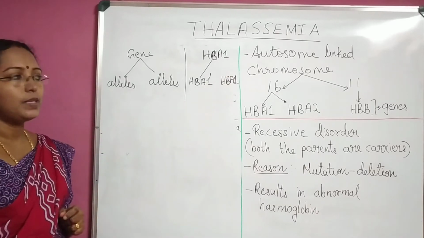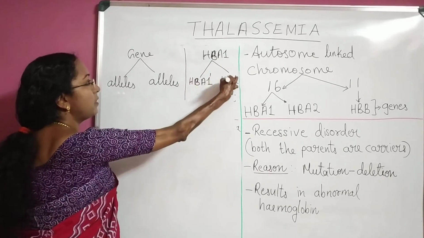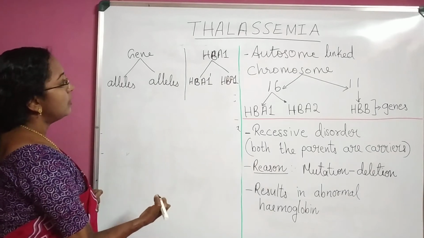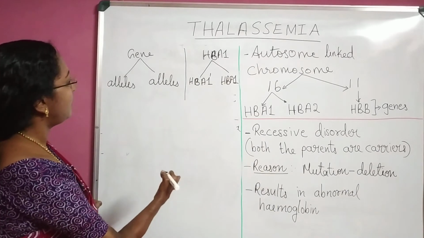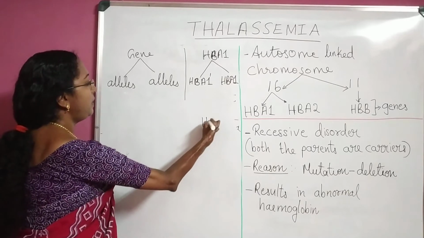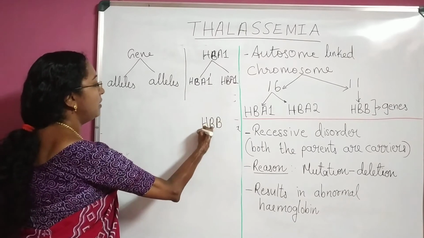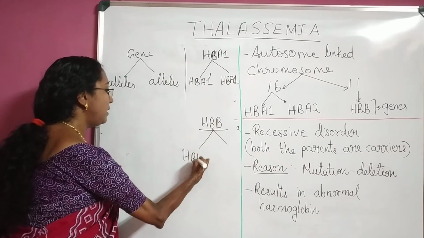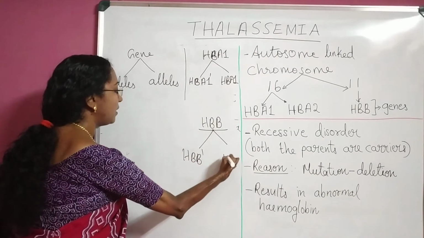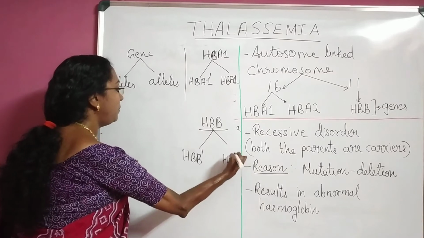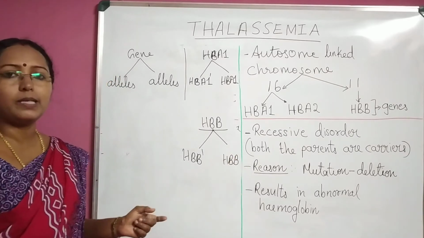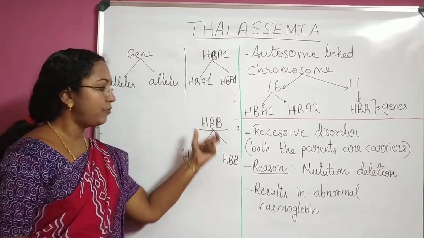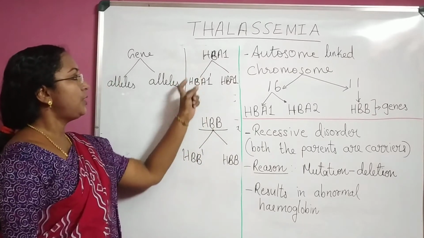So these are the two forms of this particular gene. Again, the other gene, that is HBB. This is another gene. This can also have two forms. Again, I am representing it as HBB slash and simply HBB. Two forms I am writing here. This is simple notation. So one gene, two forms.